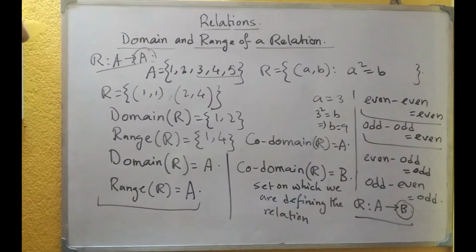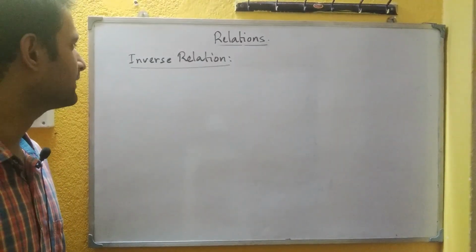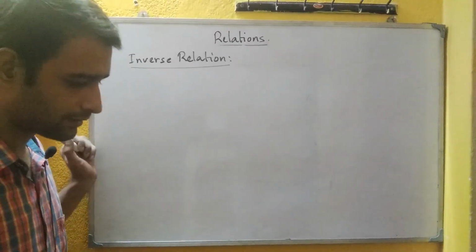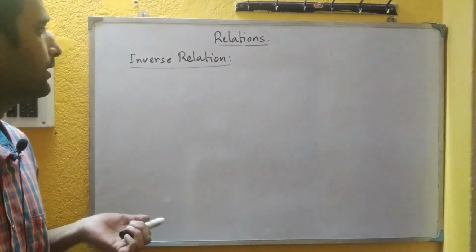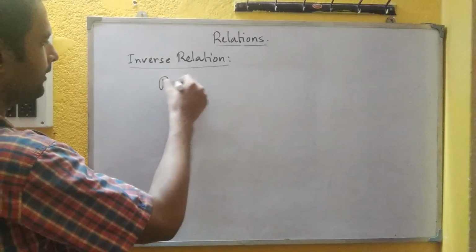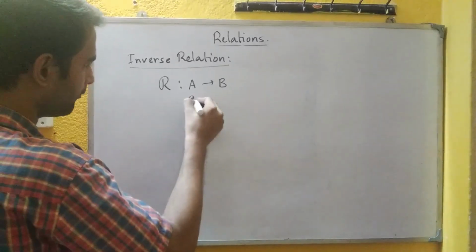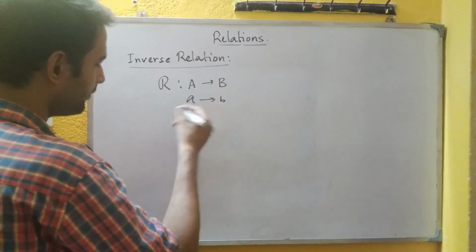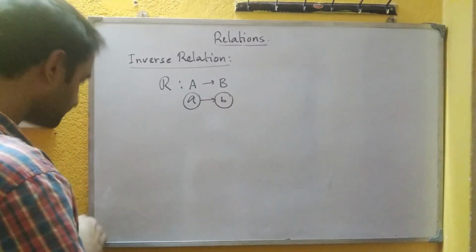Next we come to inverse relation for some relation. For inverse relation, if some relation is there, we are changing its direction. That means when we are saying that R is a relation from A to B, we usually say that some element of A is related to some element of B. That means we take the element A as the first one and B as the second one.